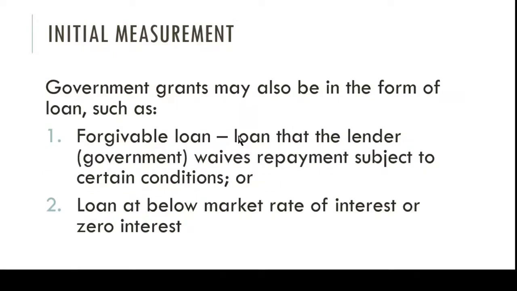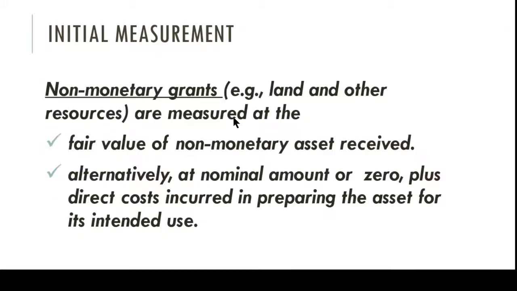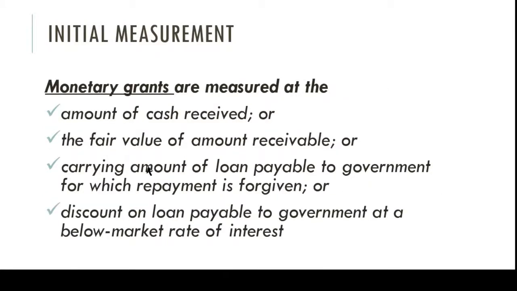So as a continuation, if the grant is in the form of a forgivable loan, wherein the loan is provided by the government or ang lender is the government, in which the government waives repayment subject to certain conditions, or the government grant could also be a loan at below market rate of interest. So again, this is what is referred to earlier nga carrying amount.